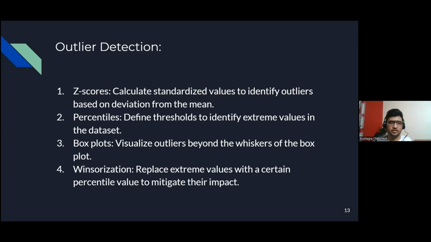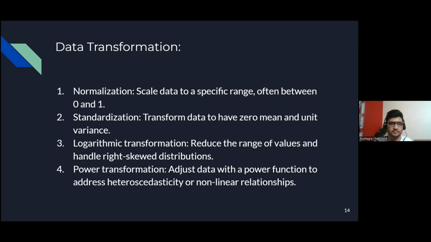Then there are box plots we can use to visualize, as I have already mentioned in the previous slides. We can also use winsorization. It's a technique where we replace these extreme values with a certain percentile value. Basically, in most of the cases, we use the median value so that we can mitigate the impact of the data loss that will be happening there.